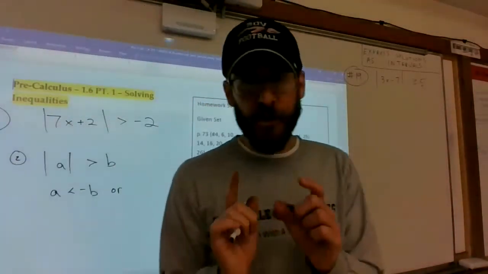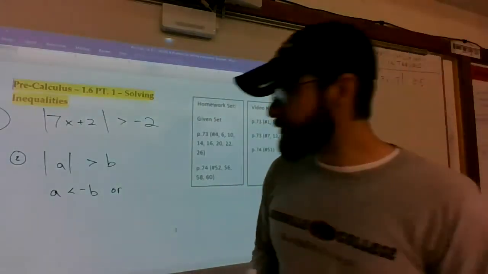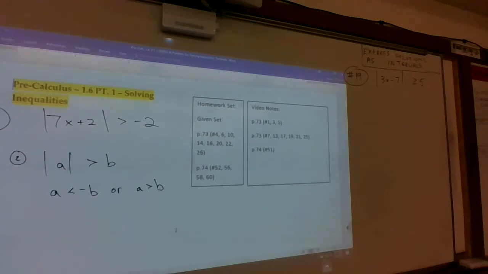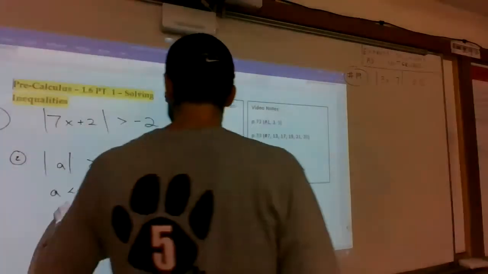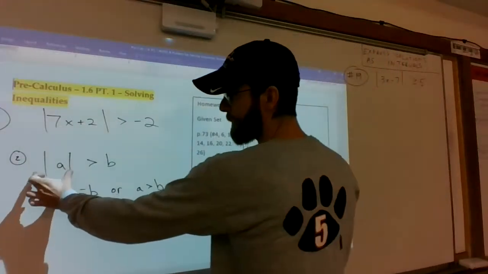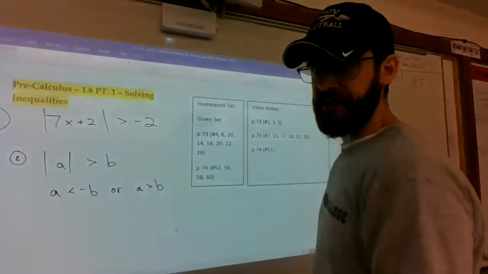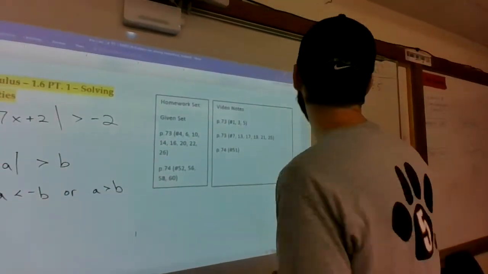Or means the union of two solutions. A is greater than B. All right, so it looks like we're just dropping the bars and solving one of them, just like we did with the and statement. So that's what I'm going to do on this one.